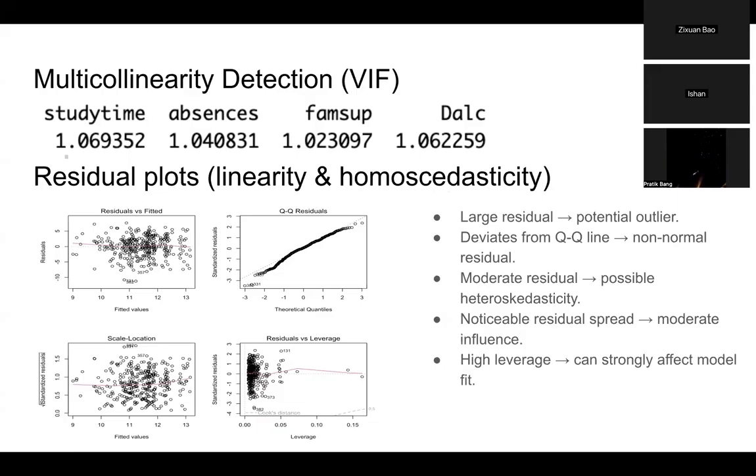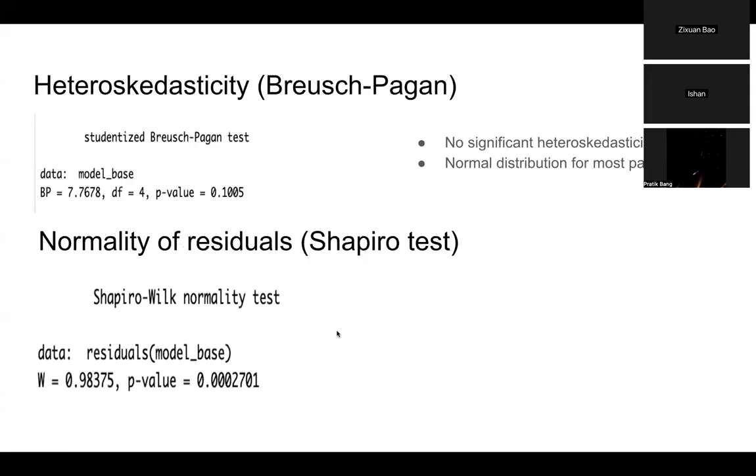And for the BP test, in the next page, we showed there's no significant heteroscedasticity here as well, because the score was around normal. And for the Shapiro test, again, no significant results could be found.